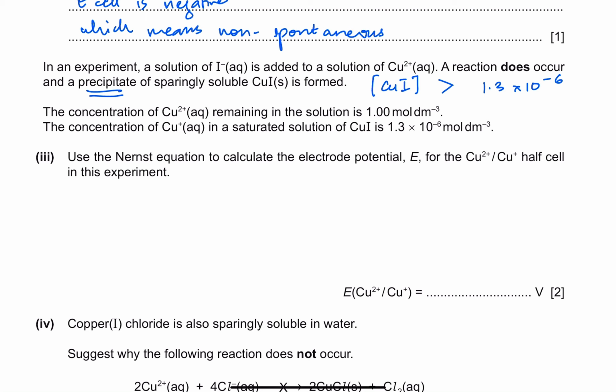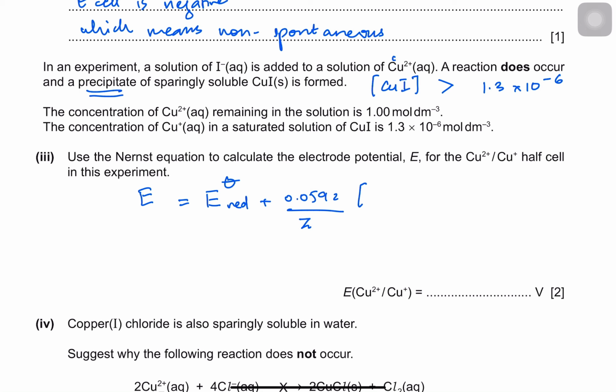Use the Nernst equation to calculate the electrode potential. So what's the Nernst equation? E cell is equal to standard electrode potential plus 0.0592 divided by the number of electrons transferred, which is also called Z, and then we put the oxidized species divided by the reduced species.